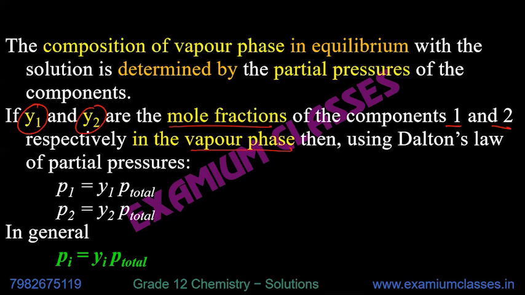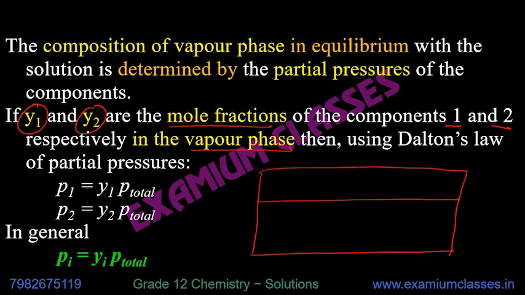In the previous case, I told you that if this is the mixture and you have liquid L1, liquid L2, X1 and X2 are the mole fractions in the liquid. Now we are talking about Y1 and Y2. Y1 and Y2 are the mole fractions in the vapor phase.